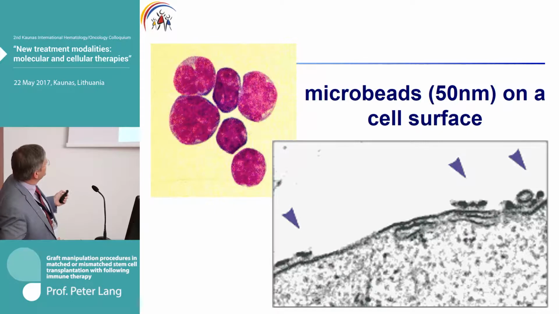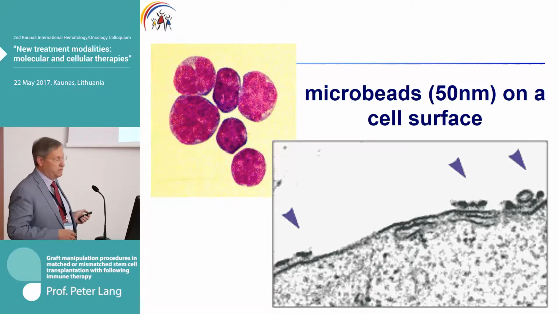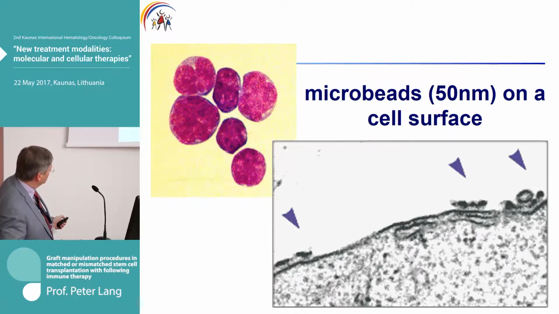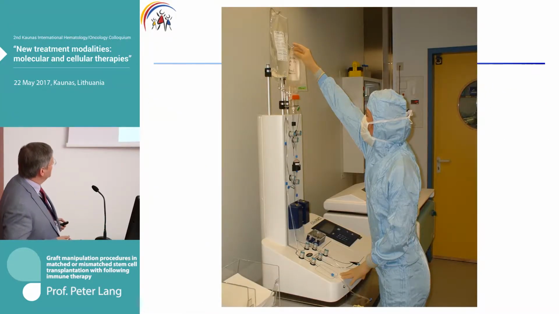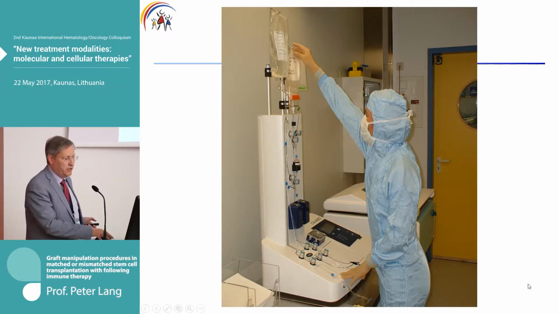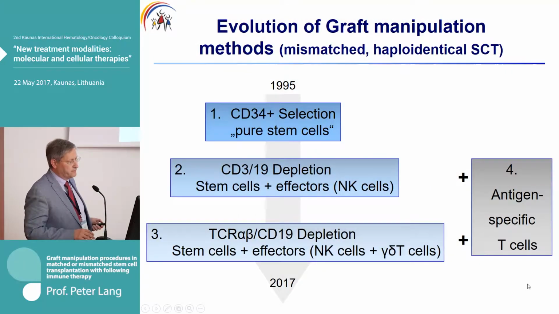These are CD34 selected stem cells. However, electron microscopy reveals these very small spots on the cell surface. For this depletion process, we use a semi-automated device, the CliniMACS device, in our GMP facility.